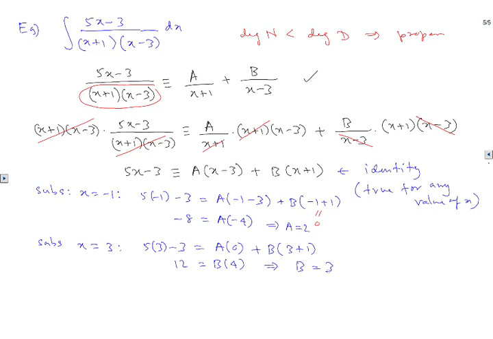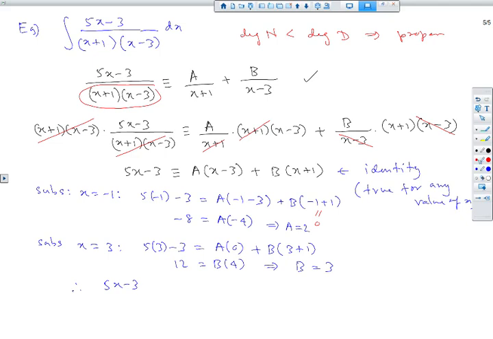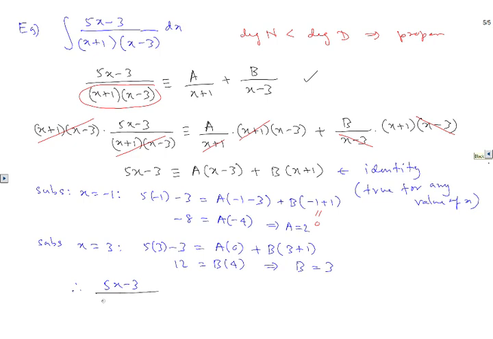So we find a and b. After we find a and b, now what we're going to do is substitute that into the form. So therefore, your form (5x minus 3) over (x plus 1)(x minus 3) now equals a over x plus 1, with a being 2, so 2 over x plus 1, and then plus b is 3, so 3 over x minus 3.